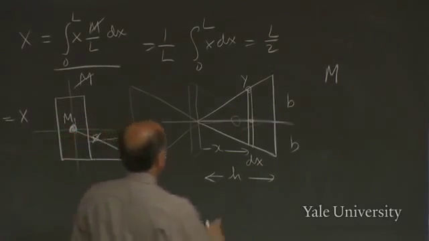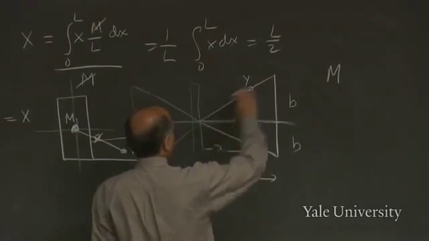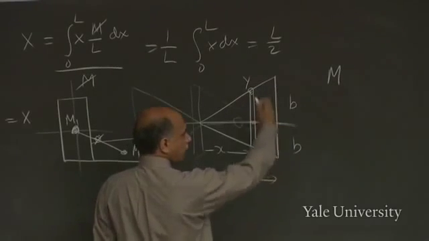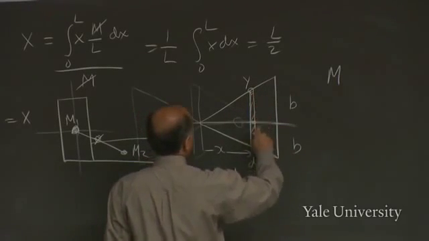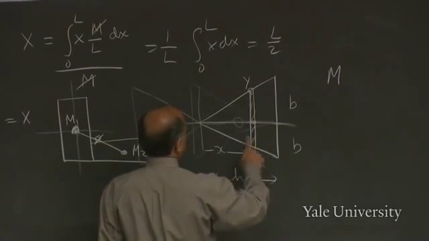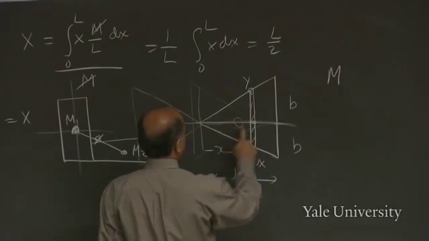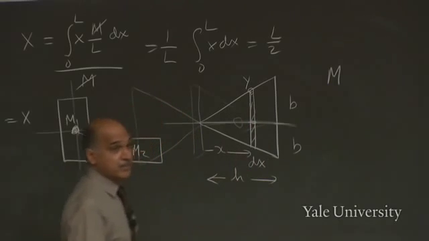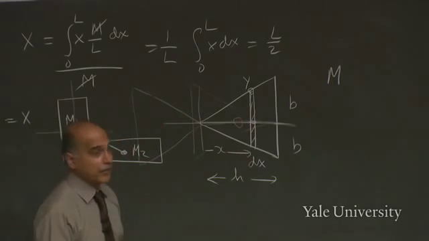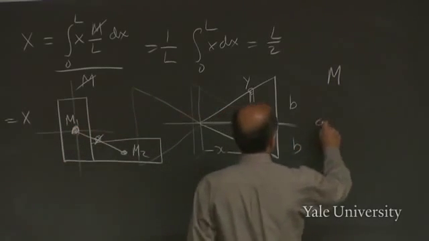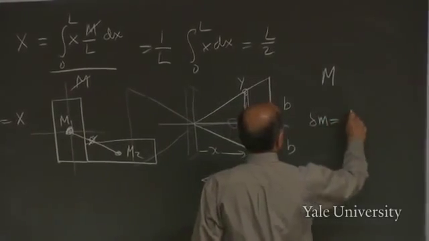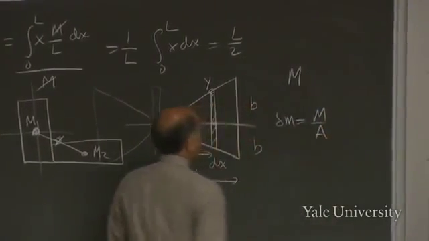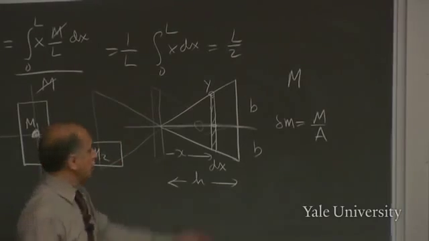So I'm going to argue that to find the center of mass of this triangle, I can divide it into vertical strips which are parallel to each other and find the center of mass by adding the weighted average of all these things. For that, I need to know the mass of the shaded region. So let's call it delta M. The mass of the shaded region is the mass per unit area times the area of this strip. I'll find the area later in terms of B and h.